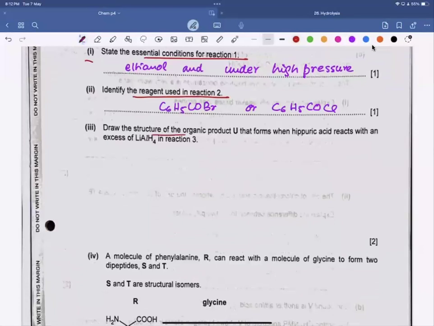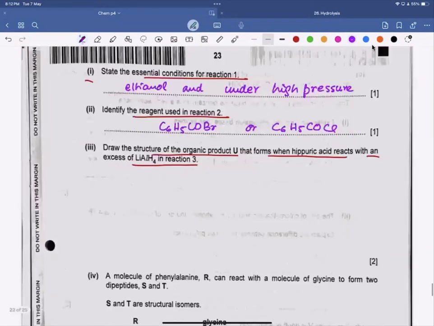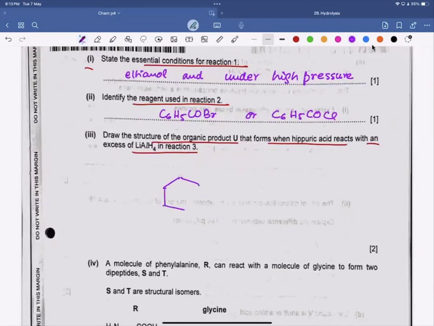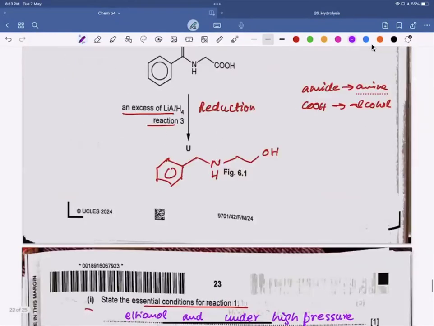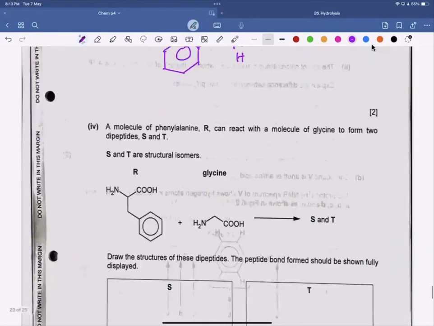Now, draw the structure of the organic product U that forms when hippuric acid reacts with an excess of lithium aluminium hydride in reaction 3. So that's what we have already figured out, that there is a benzene ring, and then we got an amine over here, and then we got an alcohol. See, is this clear to all of you?